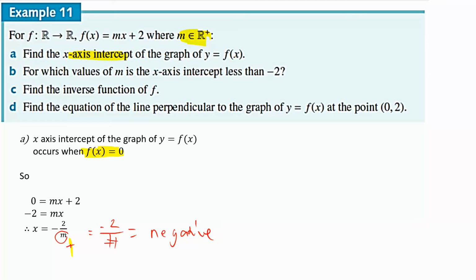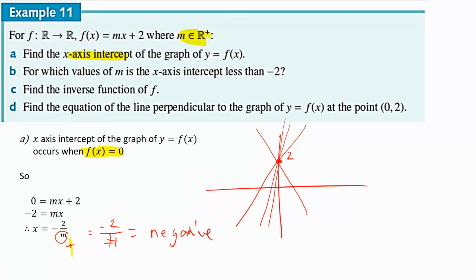If you visualize it, you have a y-intercept at 2 and your gradient is always positive, no matter what you do, your line is always going to intersect at a negative. Your x-intercept has to be negative. How could you cross at 2 and have a positive gradient and a positive x-intercept? It just doesn't make sense.